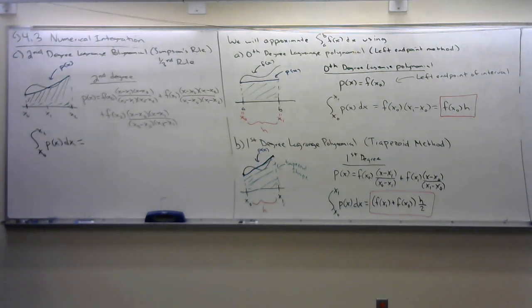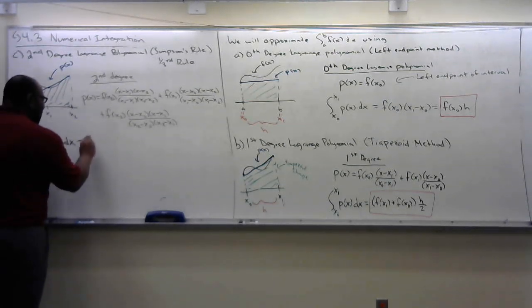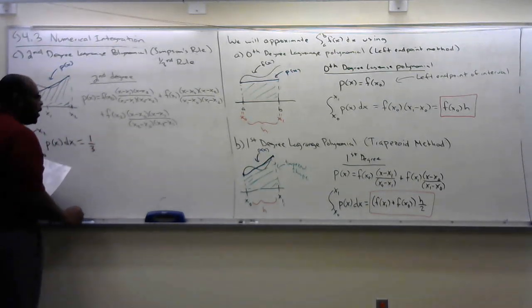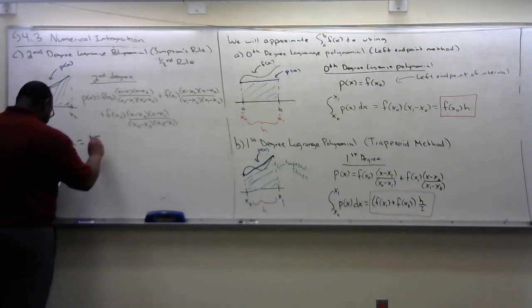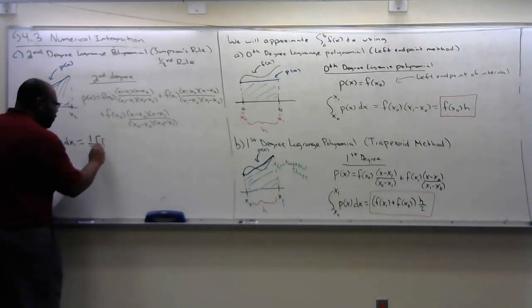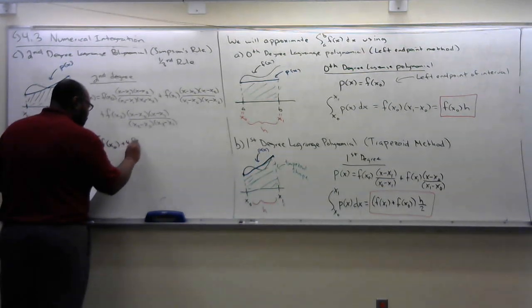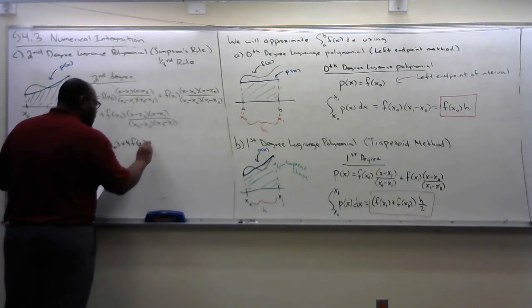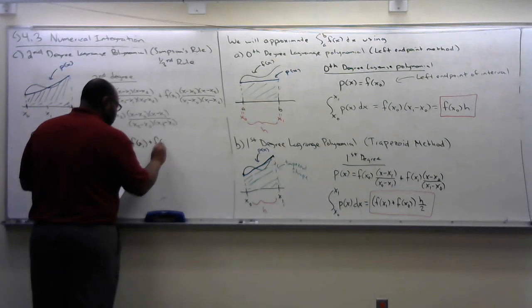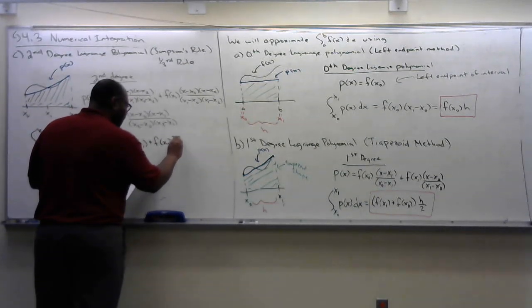And when you integrate this polynomial over the interval of x naught to x2, we get 1/3 times, and I'm going to use square brackets this time, the quantity f of x naught plus 4 f of x1 plus f of x2 times h.